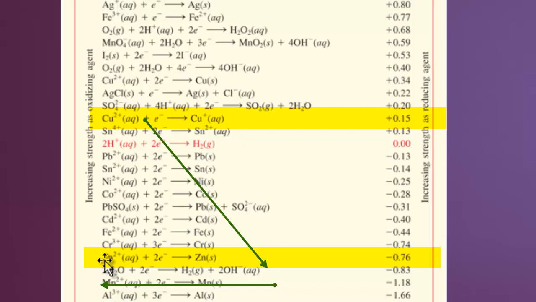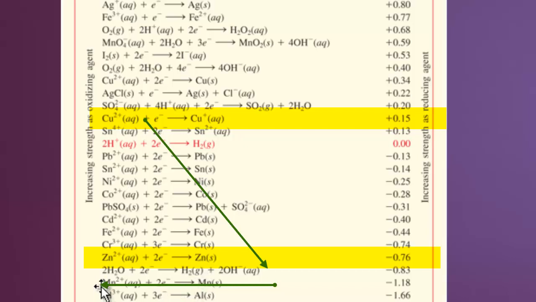It's not going to be negative, it's going to be positive based on the position in our table here. Copper is above zinc. Copper will cause this half reaction to flip, and you'll get a positive voltage. So that's how the diagonal rule works in terms of whether an oxidation reduction reaction will proceed to products or not.